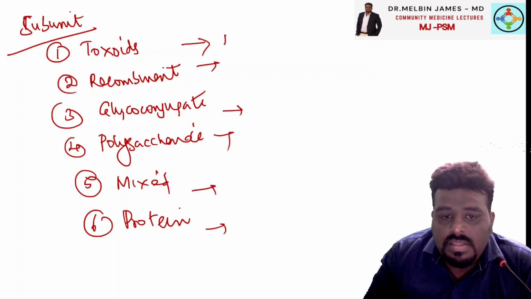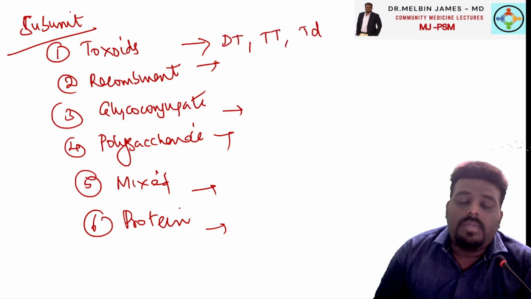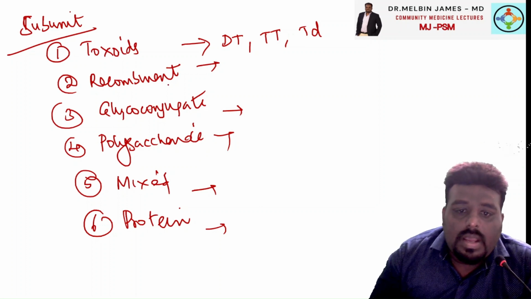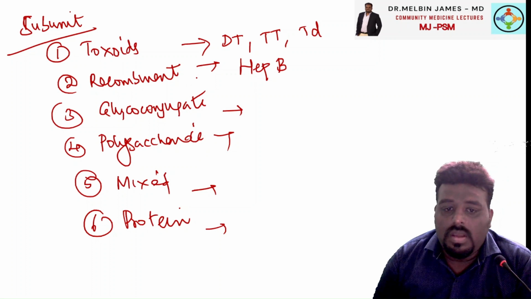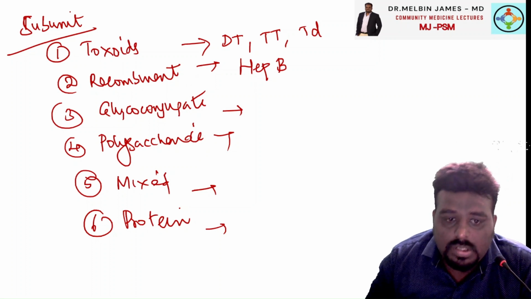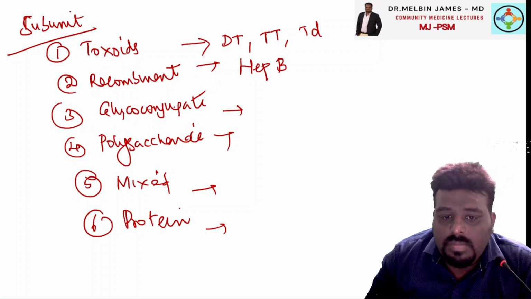Toxoids include diphtheria toxoid, tetanus toxoid, and what we now give in pregnancy, which is Td. The most important recombinant vaccine is hepatitis B. I am just mentioning the most important things you need to remember. Glycoconjugate vaccines can be given in children less than 2 years.